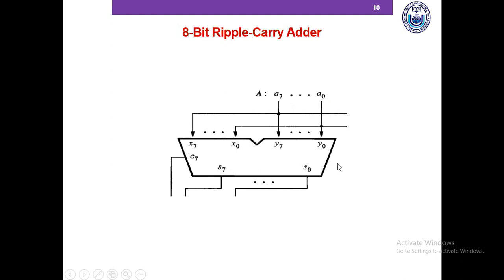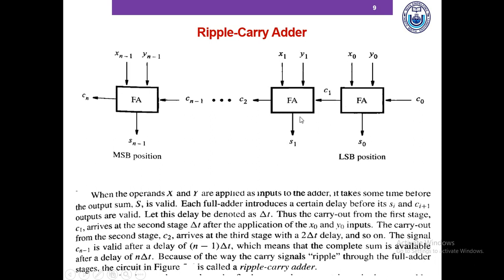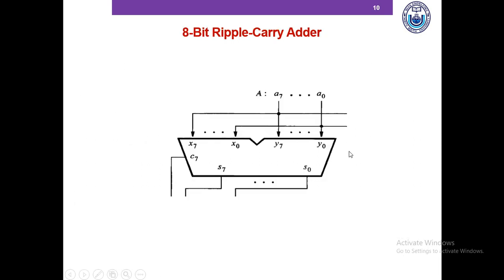It's a pain to draw all of this when we're trying to use a ripple carry adder, so it's always better to use this symbol. x0 to x7 is the first number that we're using, and y0 to y7 is the second number that we need to add, and the outputs are the last carry C7 and the sum bits, S7 to S0.